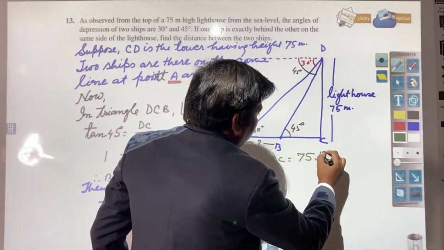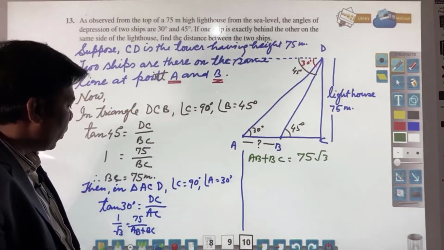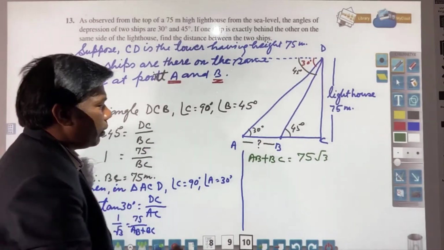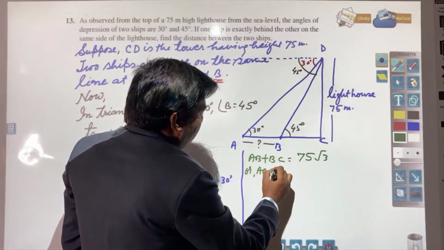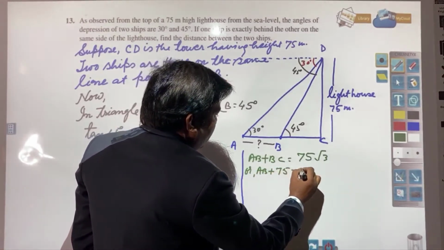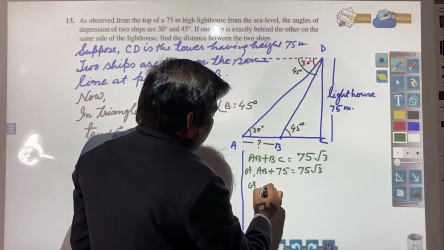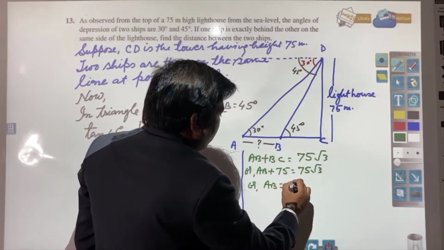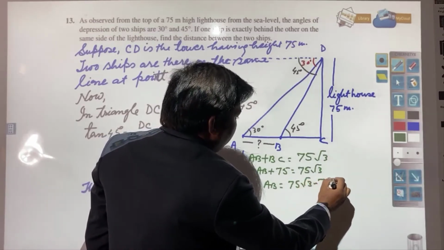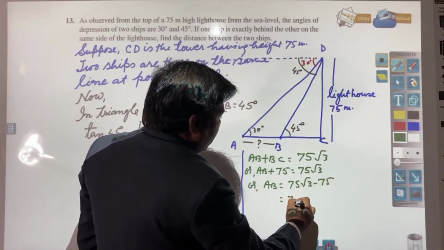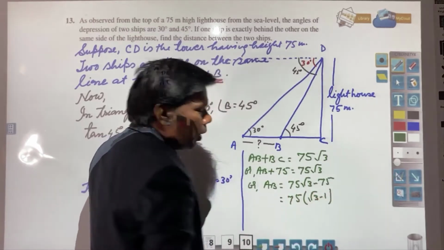75 root 3. Now BC already we have got. BC is equal to 75. So AB plus 75 is equal to 75 root 3, or AB will be equal to 75 root 3 minus 75, or that will be 75 times (root 3 minus 1).